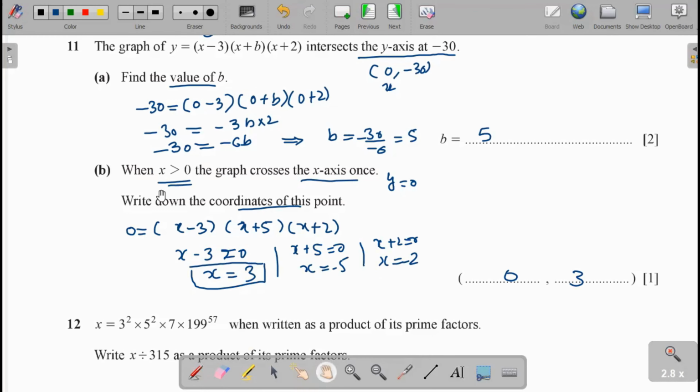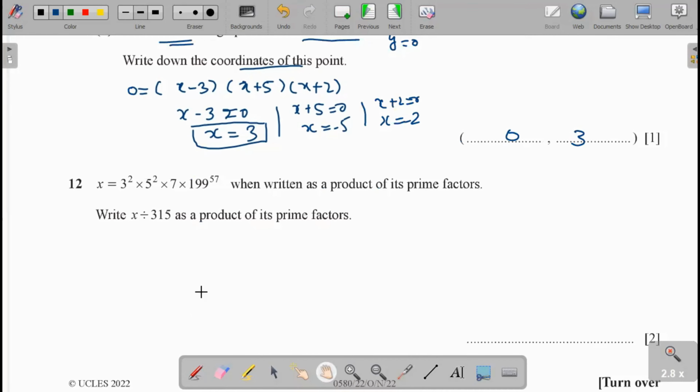Now here the next question. Question 12: x equal to 3 square into 5 square into 7 into 199 power 57. Write x divided by 315 as a product of its prime factors.